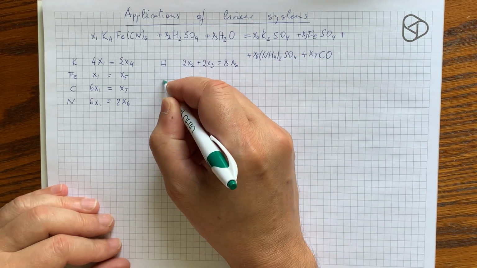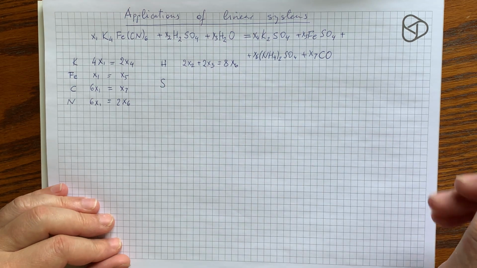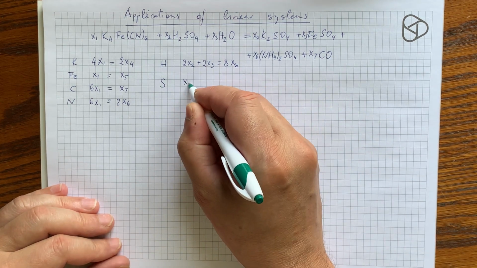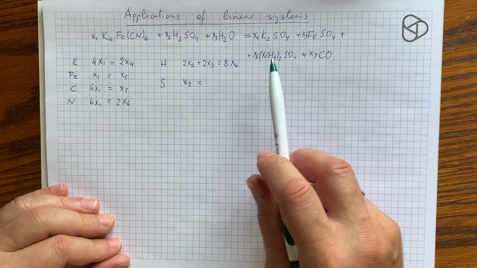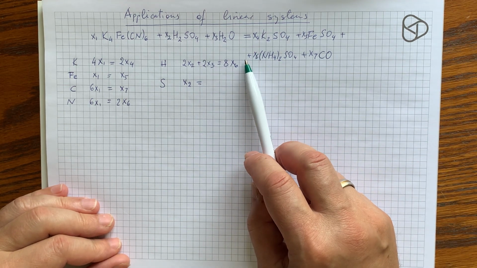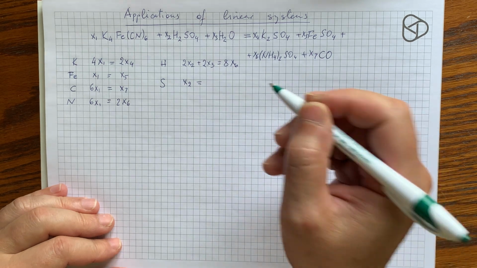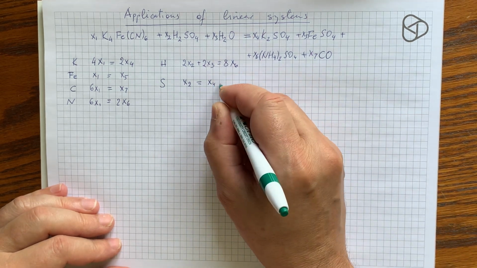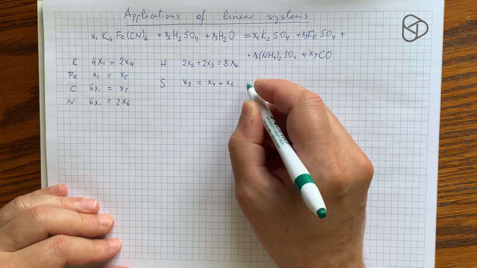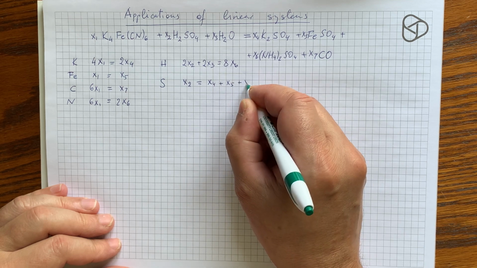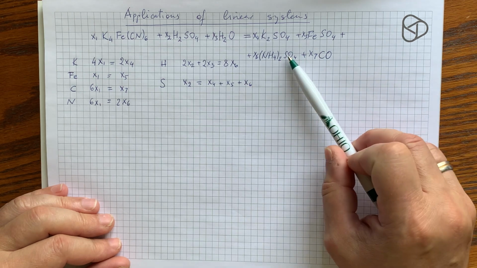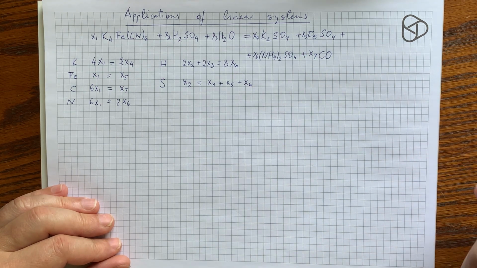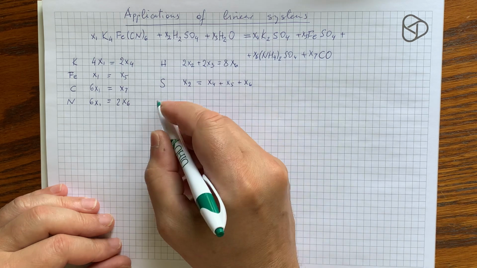For sulfur, we have X2 on the left, and this time we have many variables on the right, X4, X5 and X6. Each of the corresponding compounds have just one atom of sulfur.